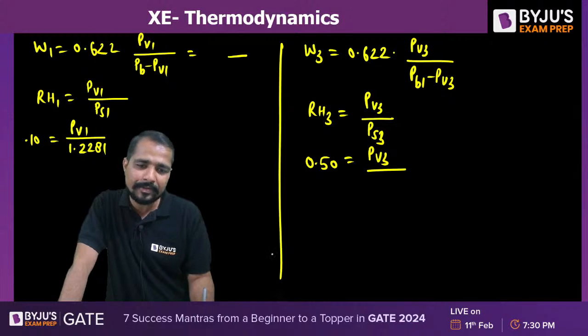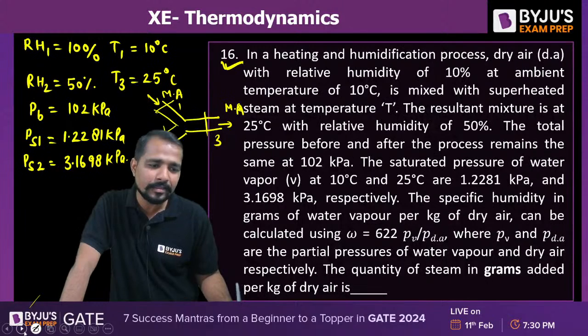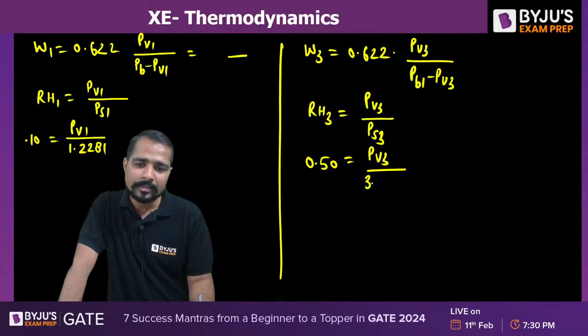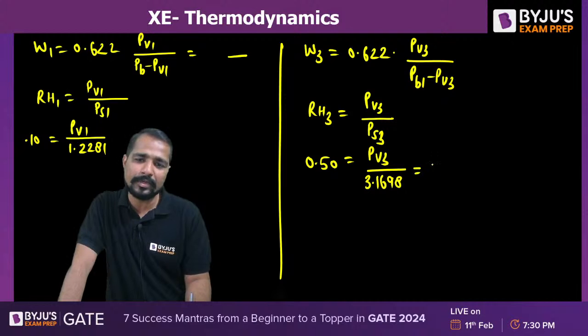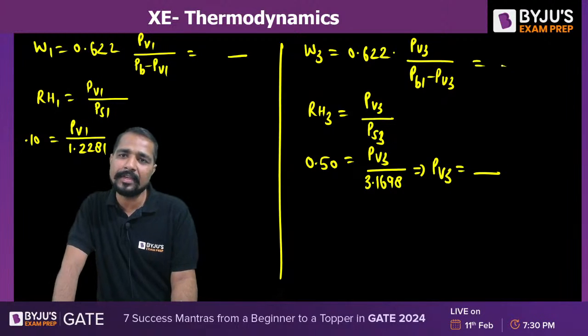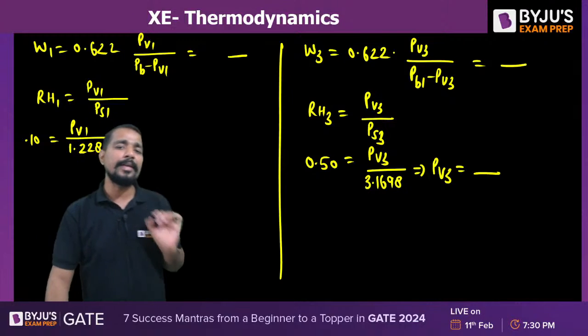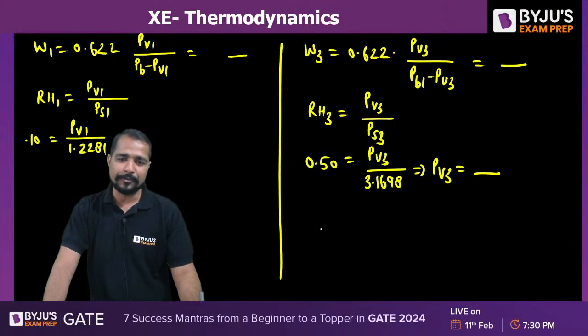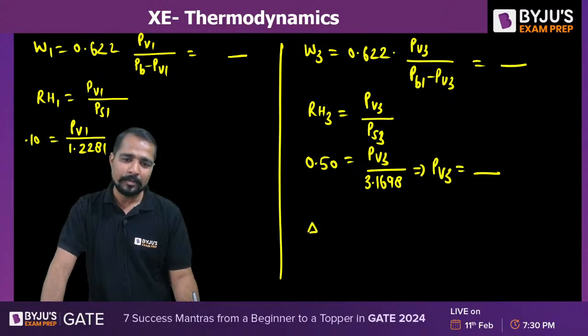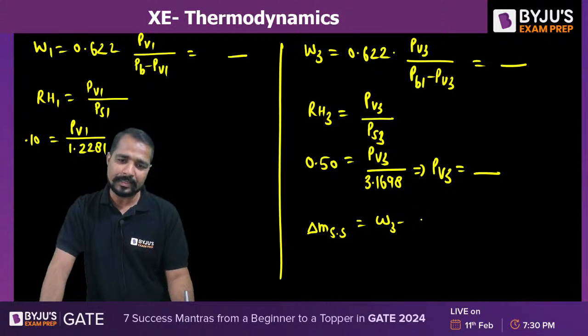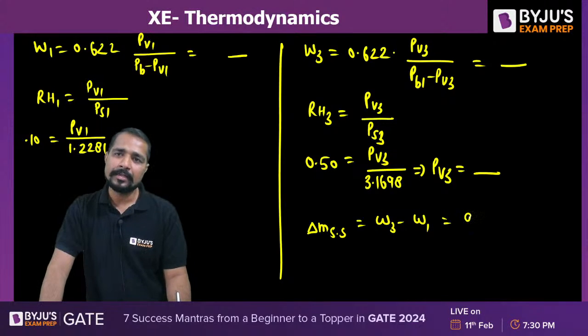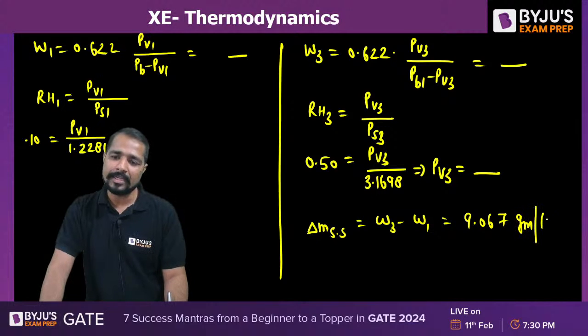From here, what is the value of PS3? 3.1698. So from here, we calculate the value of PV1, PV3. We substitute here, we get the value of the W1 and W3. And the difference of W1 and W3, the mass of superheated steam, will be equal to W3 minus W1, that is 9.067 gram per kg of the dry air.